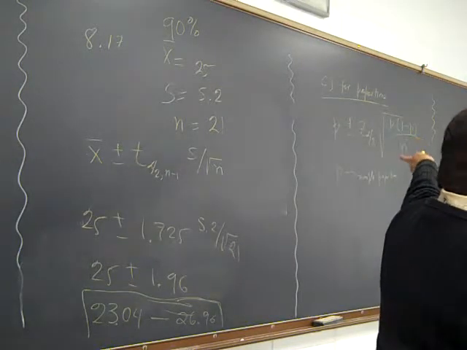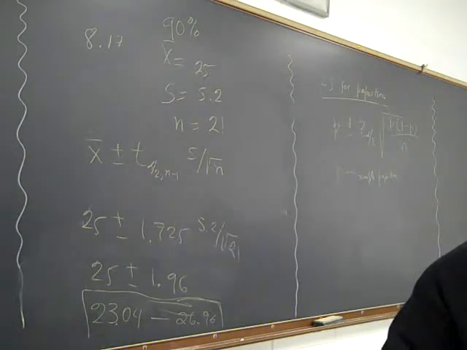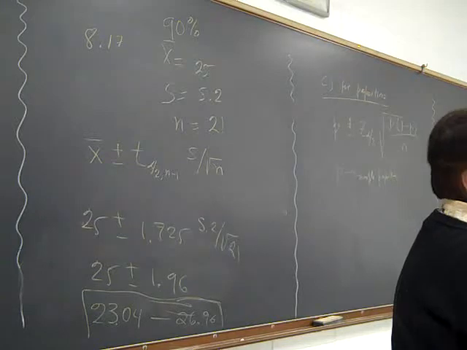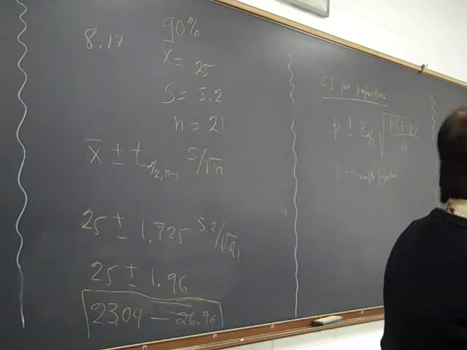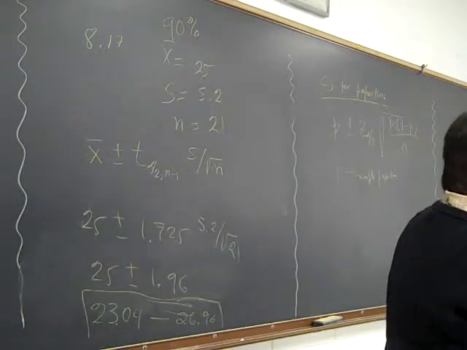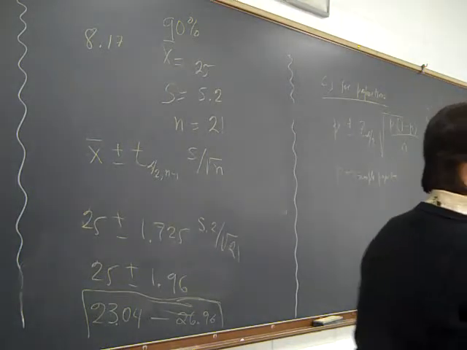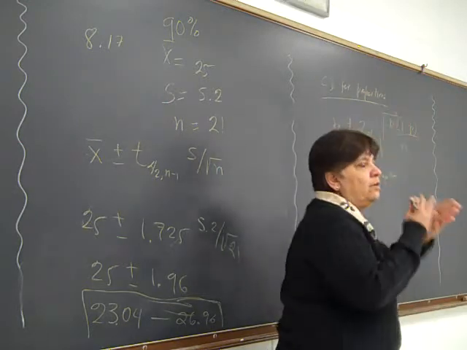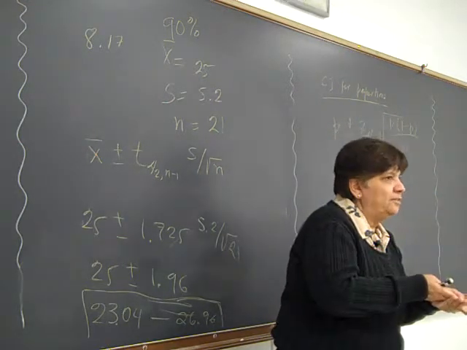And these are the same Z of alpha divided by 2 that you're going to use. So table 8.2 is going to be used in both the confidence interval for the mean when sigma is known, and the confidence interval for the proportion. That's it. With this confidence interval, we want to know what is the real population proportion.